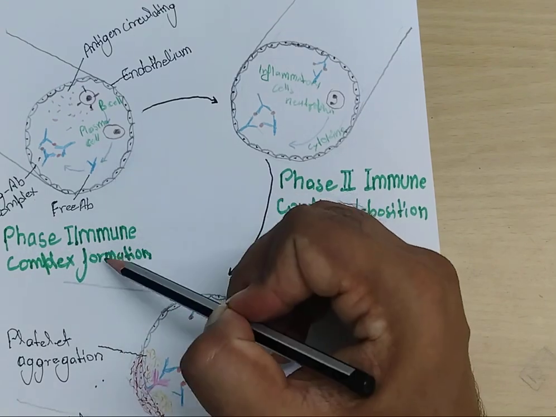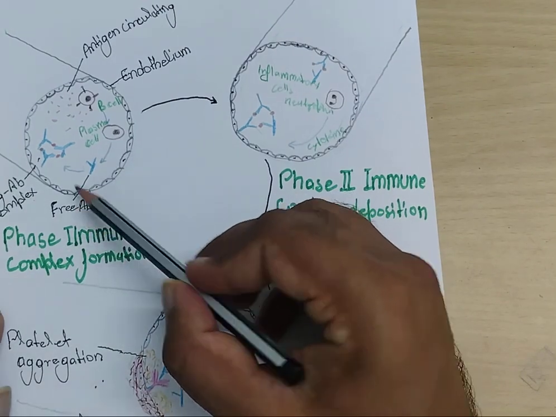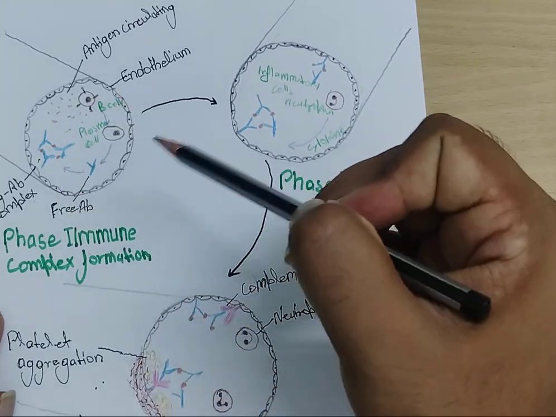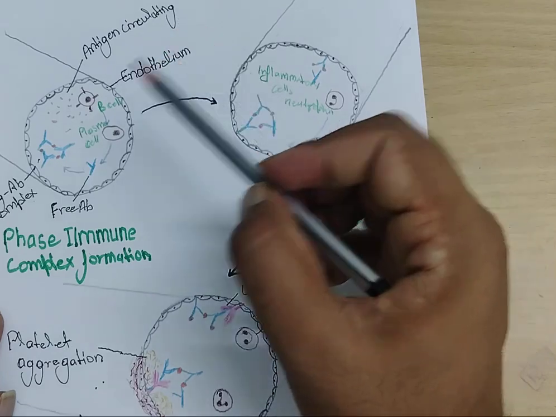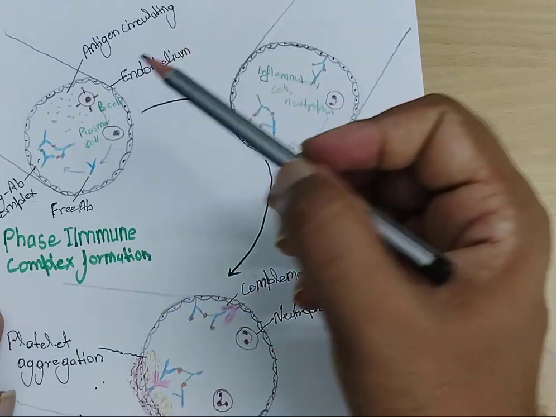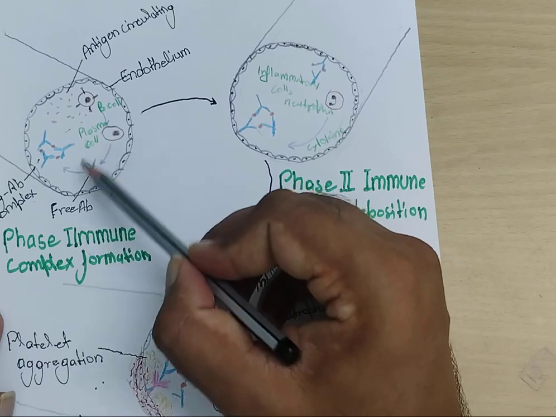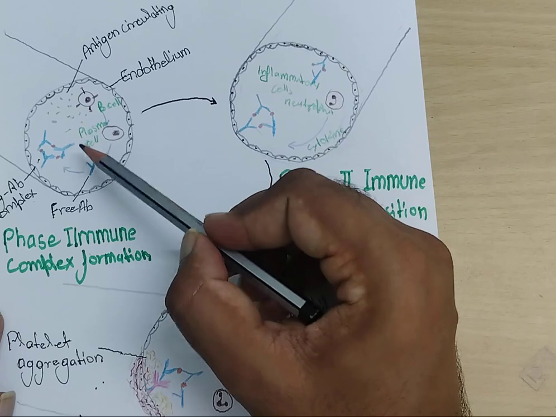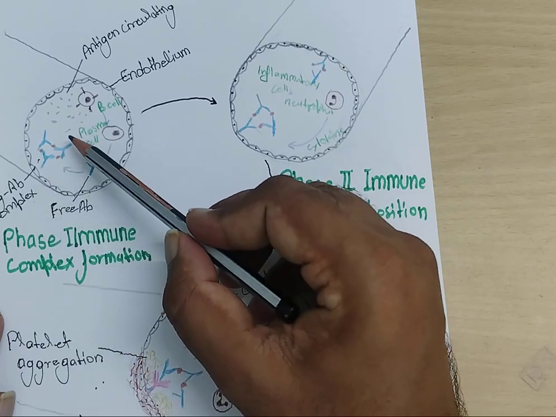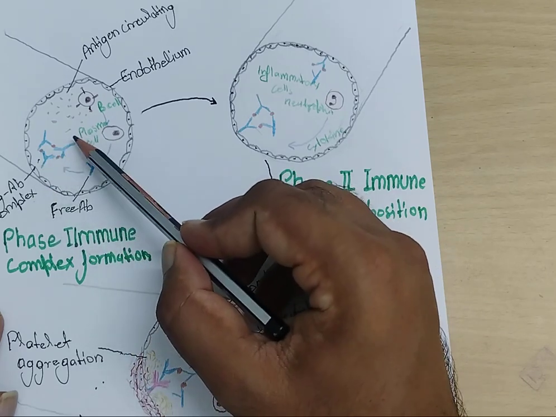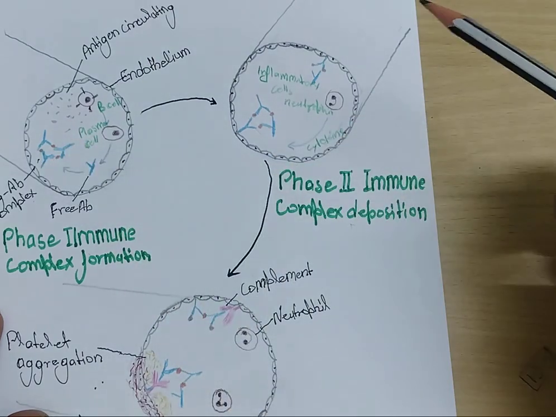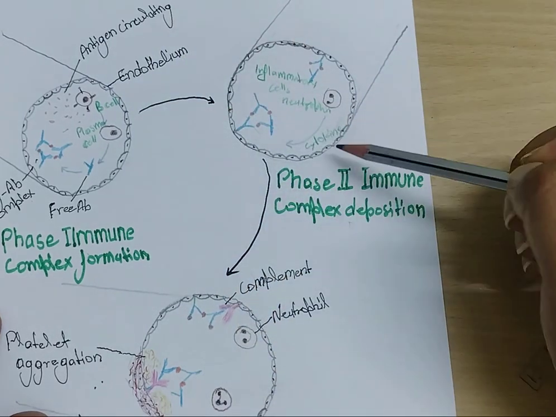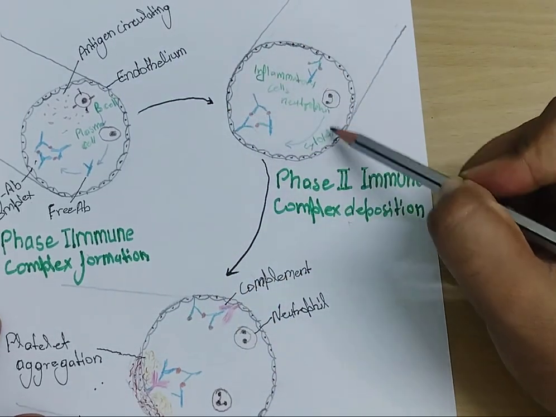In phase first, the antigen which comes in circulation binds with antibody and formation of antigen-antibody complex takes place, and this complex deposits here and there.